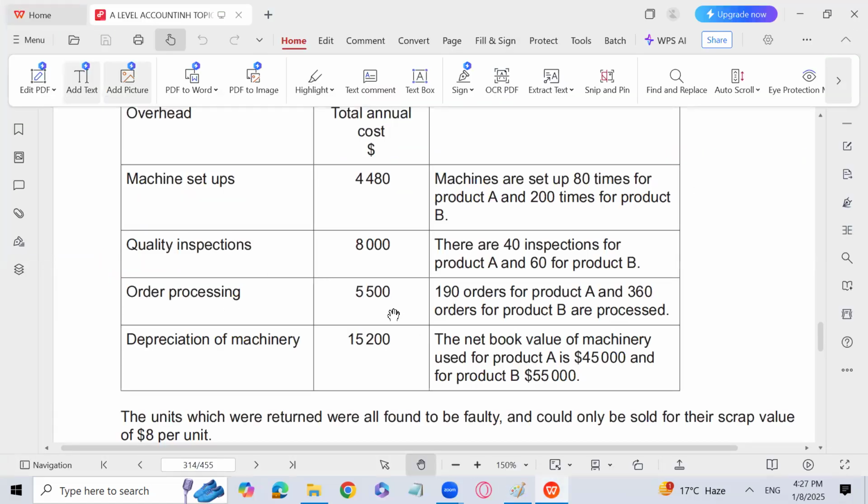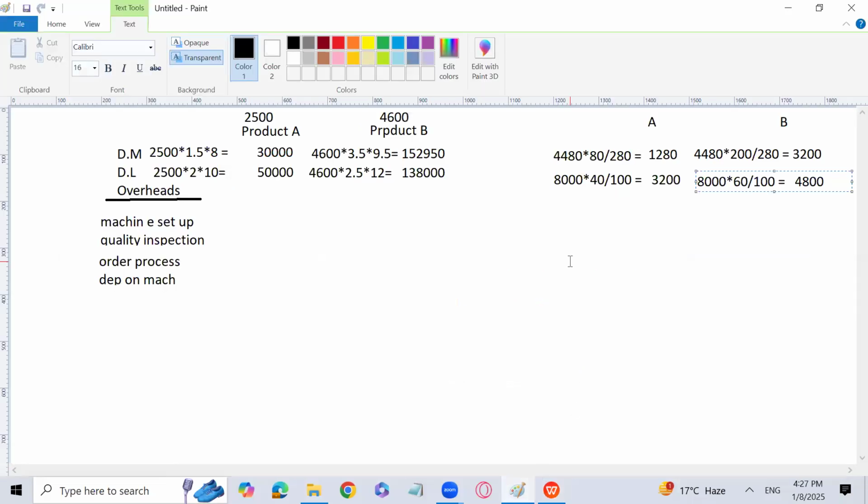Next, order processing 5,500, with 190 orders for product A and 360 orders for product B. So I will calculate 5,500 multiplied by 190 divided by 360 plus 190, which is 550.